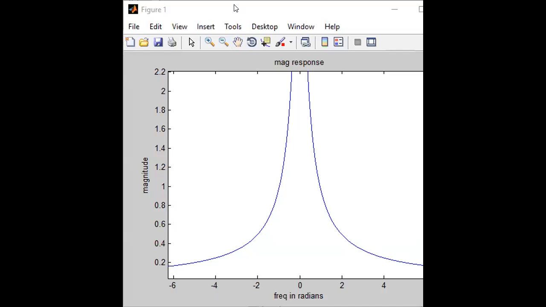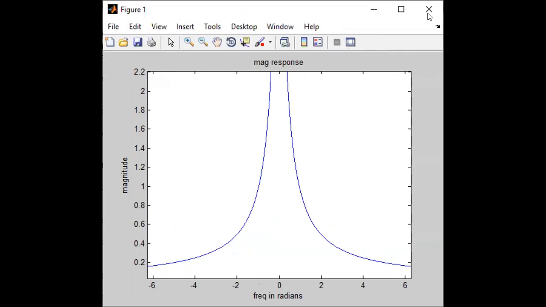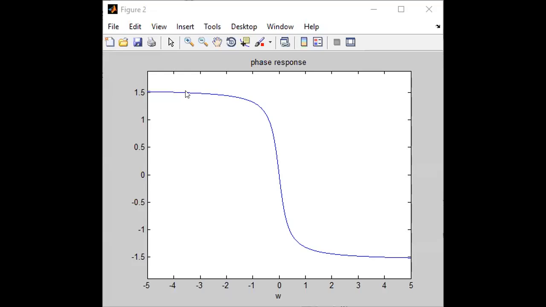So you can see here. Let me show the responses. So here it is a phase response. Phase is odd symmetric. Phase response, in the same manner we will be having.